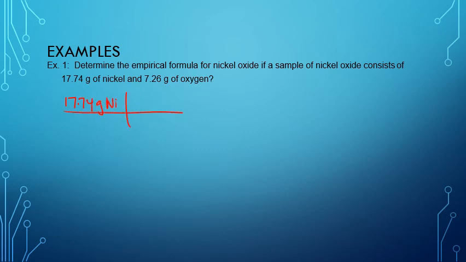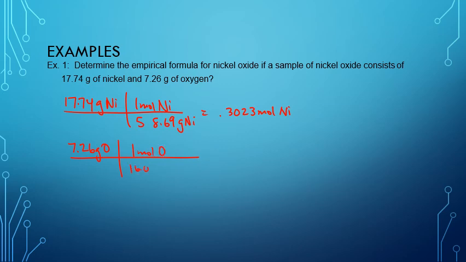Off of the periodic table, 1 mole of nickel is 58.69 grams. And so when I multiply that out, that gives me, with 4 significant figures, 0.3023 moles of nickel. And when I look at oxygen, 7.26 grams of oxygen, 1 mole of oxygen atoms is 16.00 grams of oxygen.